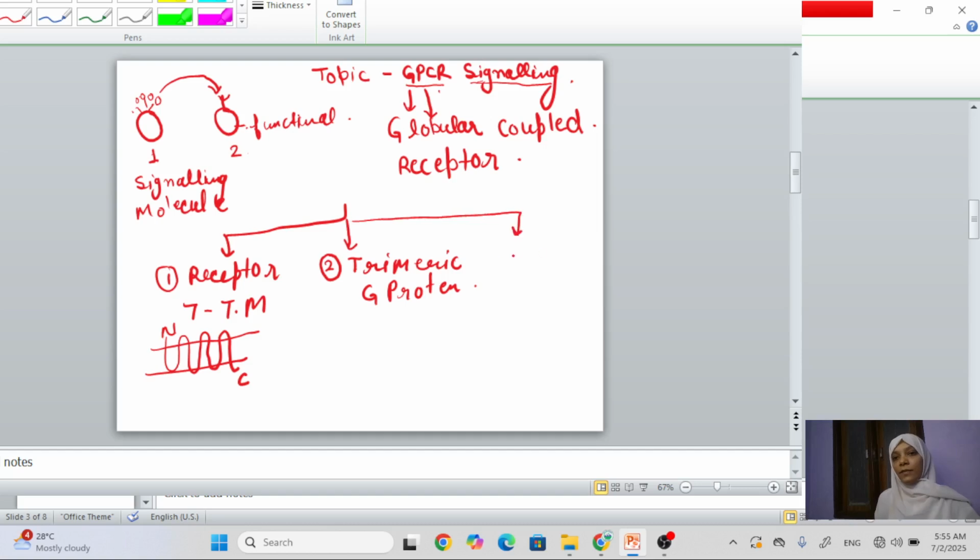The third is the effector enzyme. These are the main components of GPCR signaling: the receptor, trimeric G protein and effector enzyme.